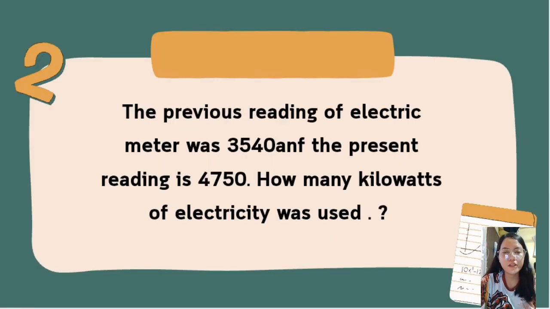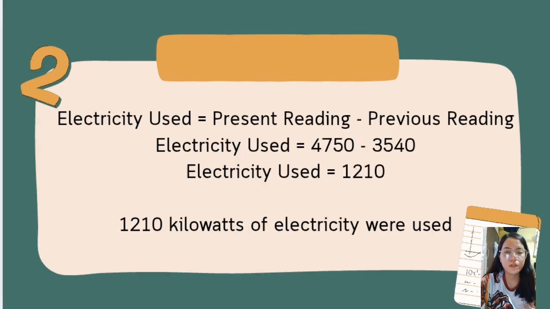The previous reading is 3,540. The present reading is 4,750. How many kilowatts of electricity were used?